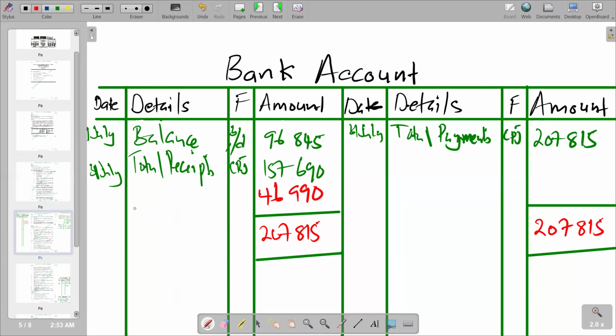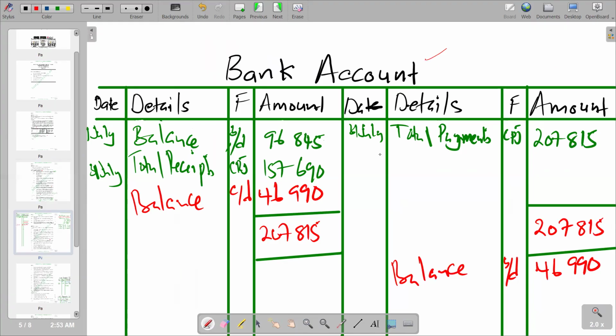And this is going to be your balance sheet figure, and it should also come here as your balance BD. Same amount, 46,990. So this is our bank account. We've balanced it. So our bank account we've balanced, and our journals also have the totals added.